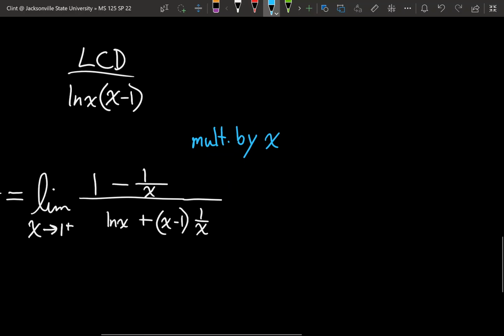That'll get rid of the complex fraction situation. The book's not real clear about what they're doing there, so it kind of looks like magic.